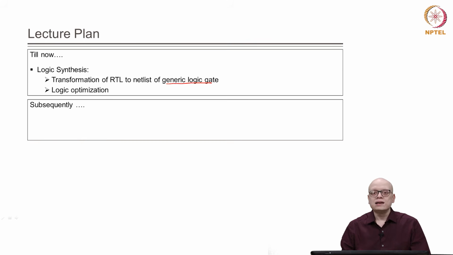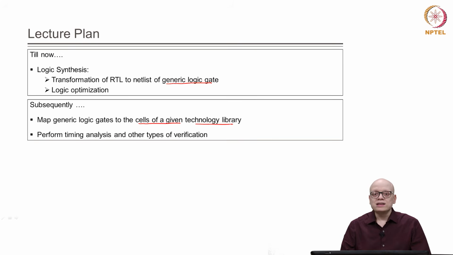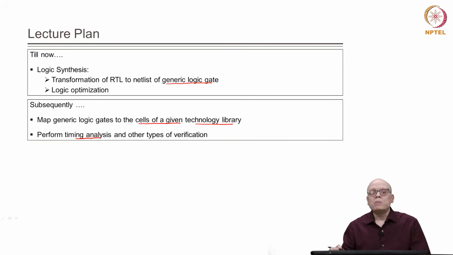Subsequently, in the design flow, we want to map these generic logic gates into the cells of the given technology library, and we also want to carry out various analysis and verification steps on our design. For example, we want to do timing analysis and power analysis and so on.